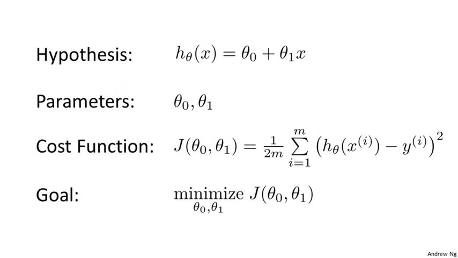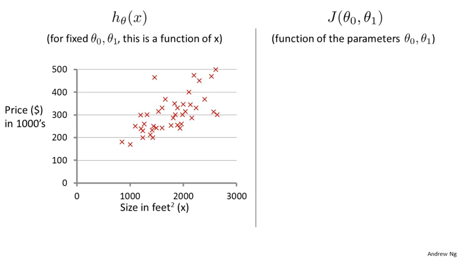Here's our problem formulation as usual, with the hypothesis, parameters, cost function, and our optimization objective. Unlike the last video, I'm going to keep both of my parameters, theta 0 and theta 1, as we generate our visualizations for the cost function.